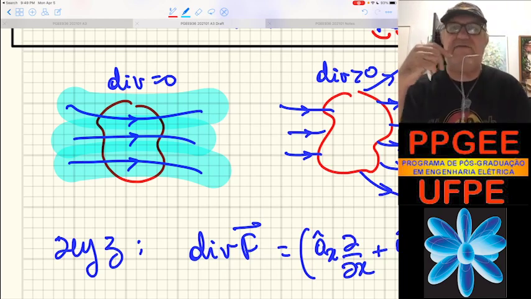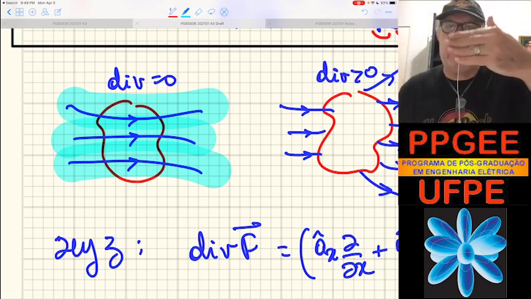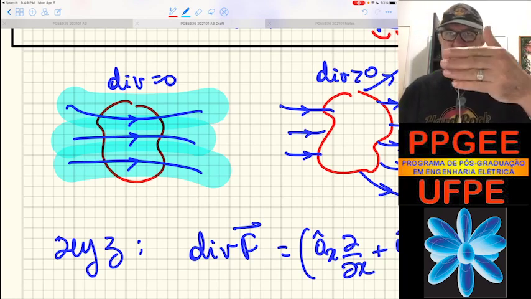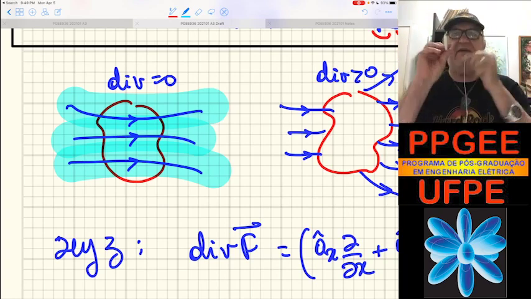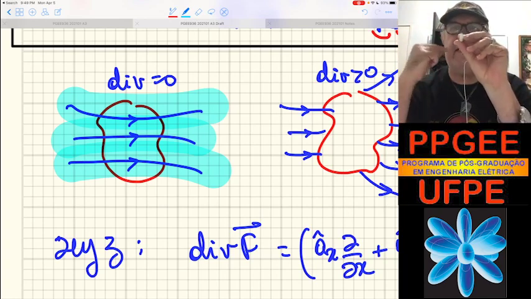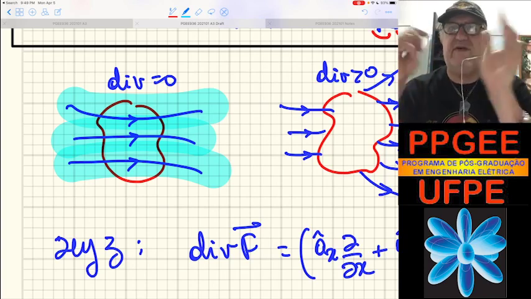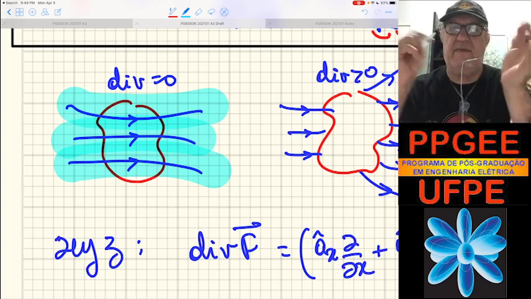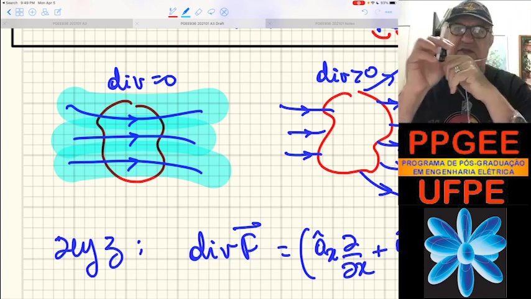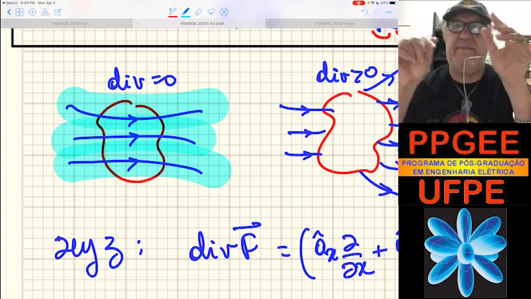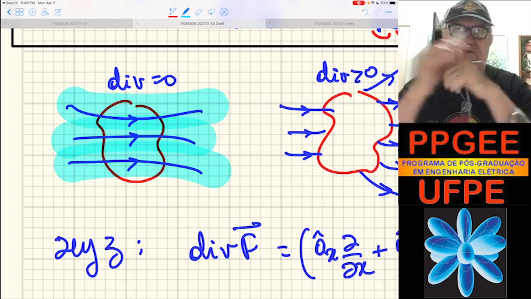The question is this: if a given field component has a dependence on the same coordinate as that component, it might have divergence. It might not have either, but it might. If it doesn't depend on that coordinate, it's not going to have a divergence.